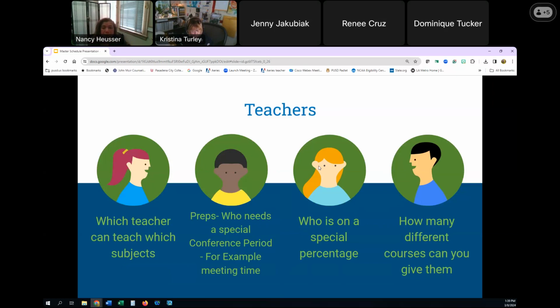You also have to figure out who's on a special percentage. Some of our teachers only teach 80%, either by health reasons or contracts or whatever it may be. So you can't spread them out all day. You have to place them just in the middle or just at the end of the day. And then how many different courses can you really give a teacher? We try to give only 2 preps with maybe a variation in there.